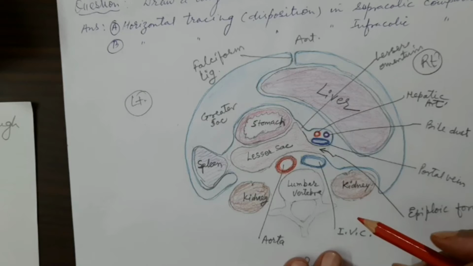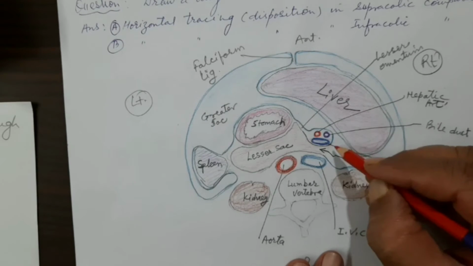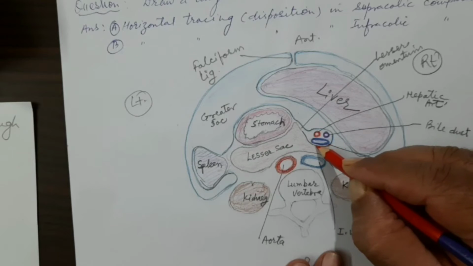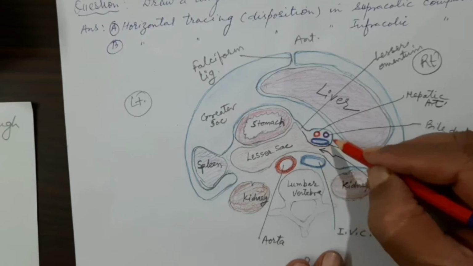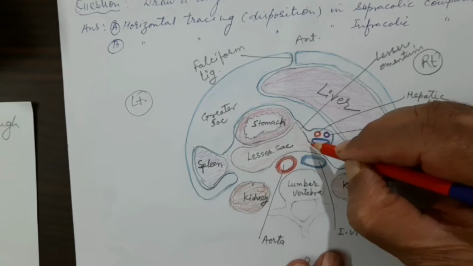These were forming the boundaries of the greater sac. Now I will trace the same. It is the same peritoneum which was blue here, continuous around the structures enclosed in the free margin of the lesser omentum, because this is the lesser omentum.